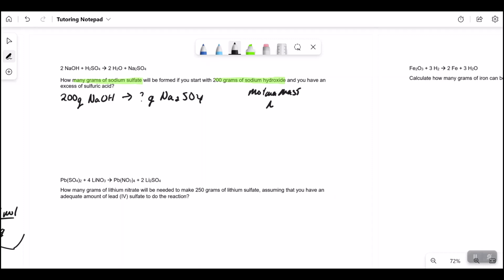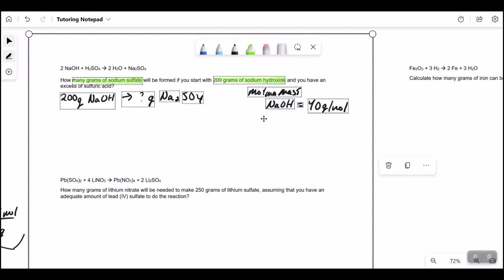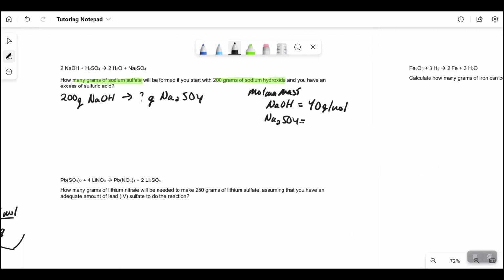For NaOH, you should get a molar mass of 40 grams per mole. And for Na2SO4, you should get 142 grams per mole. So for these conversions, we're starting in grams and we want to end in grams of Na2SO4.